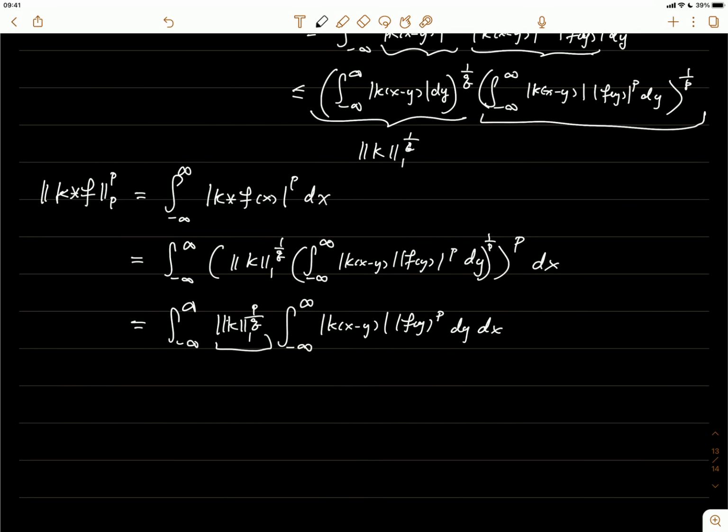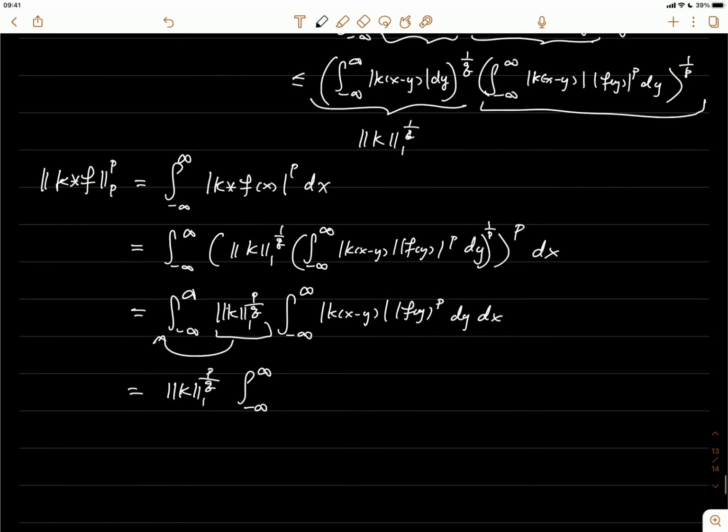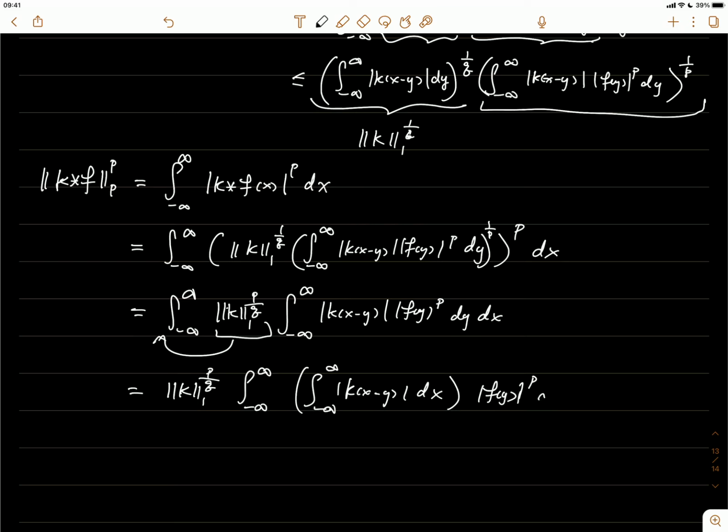So now this is a constant that I can move out. Let me first move this out, p over q. And then I have the integral. I can definitely take the integral with respect to x first, right? So that's why I have this |k(x minus y)| dx, and then this thing together times |f(y)| to the p dy.